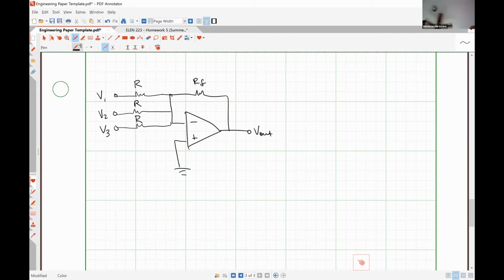If we apply our ideal op-amp rules, no voltage drop here, no current here or here, it should be pretty easy to see that the voltage present at our non-inverting terminal is 0 volts, which means the voltage present at our inverting terminal is also 0 volts.